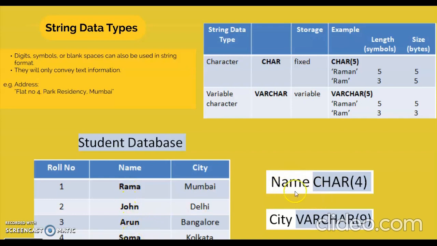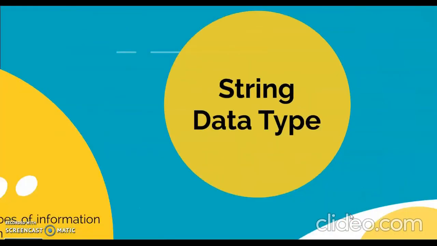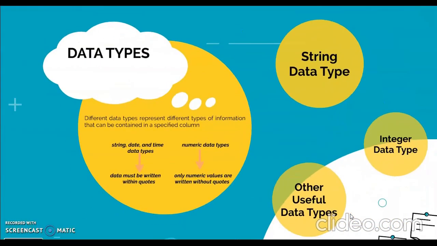So here I have taken name as char 4. Char 4 means there are fixed 4 bytes allotted for name, whereas for city I can use varchar. It depends on the user, but it is flexible to use varchar. Next we'll move to the numeric data types.